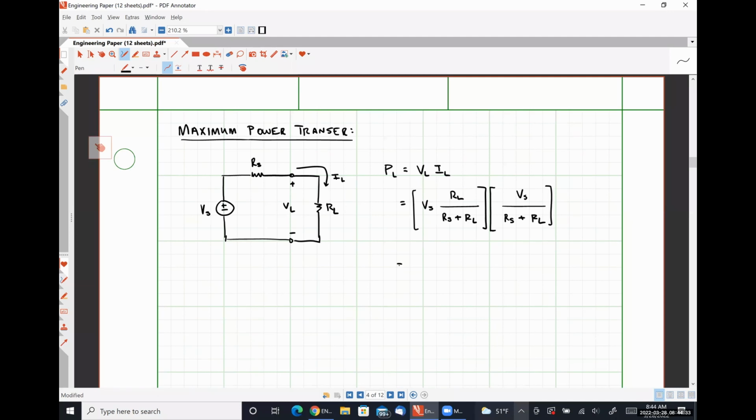And from this, we can observe that the power absorbed by our load resistor, PL, is simply Vs squared times RL divided by Rs plus RL quantity squared. Are we okay with this?